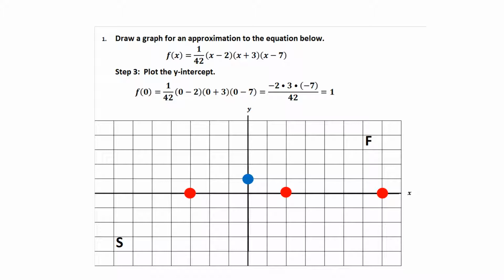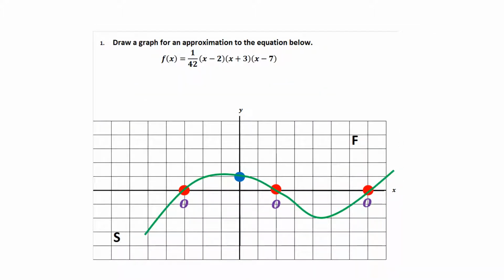That is an odd integer, so we put an O under the red dot for x equal 2. We will also do an O for odd under the negative 3, and the same for 7. They have an odd multiplicity. If it's odd multiplicity, you must go through the x-axis.